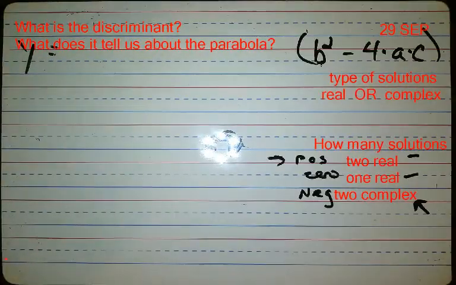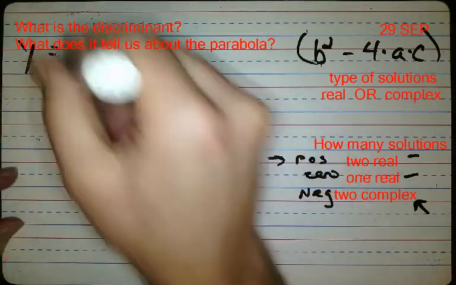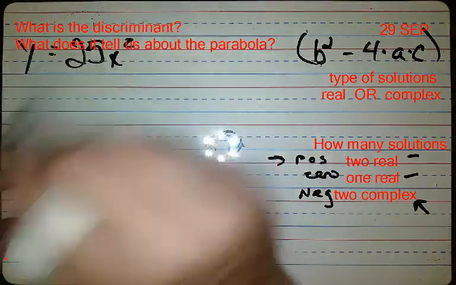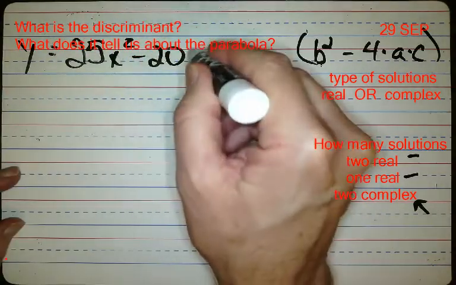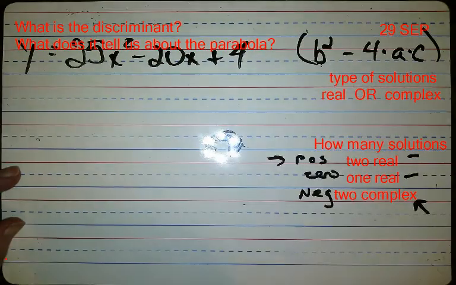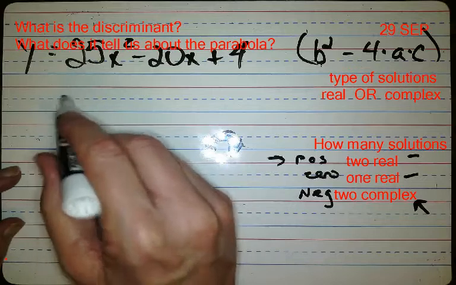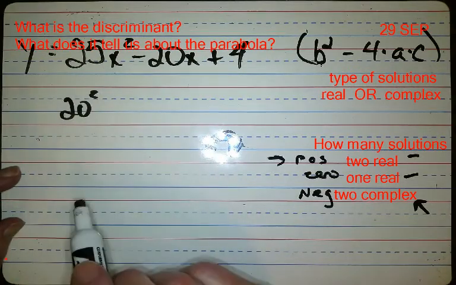Okay, so what if I did this? 25x squared minus 20x plus 4. Okay, still take the middle number squared, so 20 squared. That's 400.